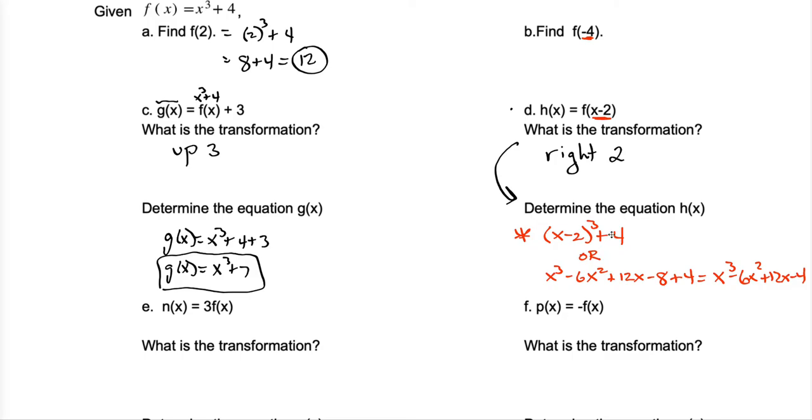So if you FOIL it out, you certainly can, and then you would just add 4 to whatever your answer was when you FOILed it. And that would be this answer. My guess is if you're checking your answers from homework in the textbook, which I do have the answer key already posted for you, this would be the answer that they give. So just know I'm okay with either one, but that's kind of what you'll see.